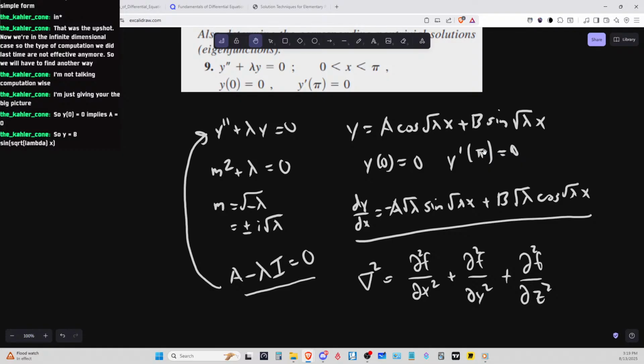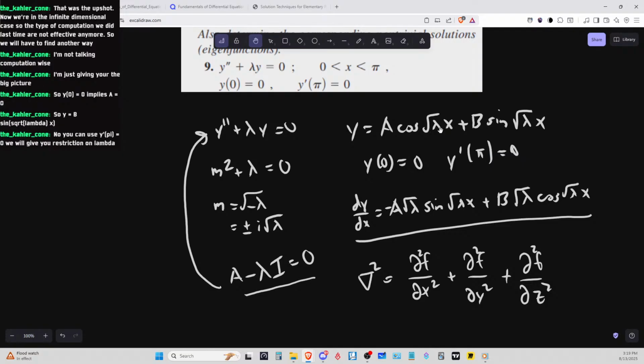So y equals... So y is equal to b sine square root of lambda x. No, you use y pi to equal 0. It gives you a restriction on lambda.